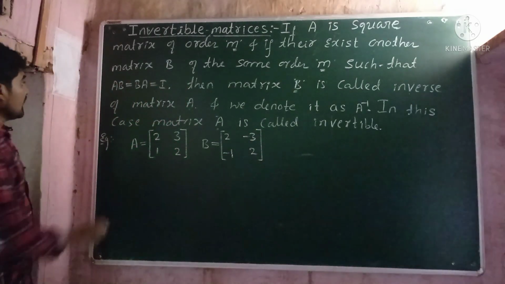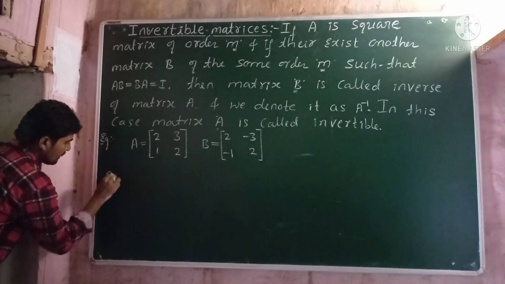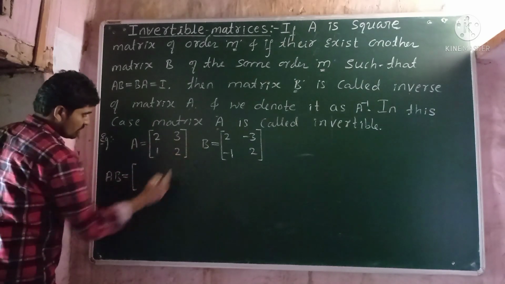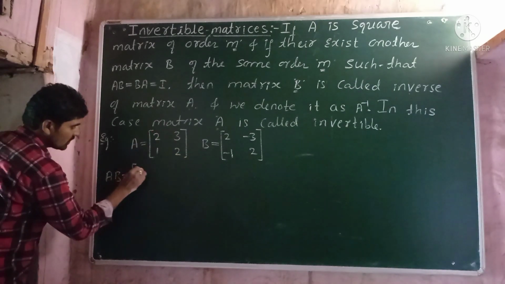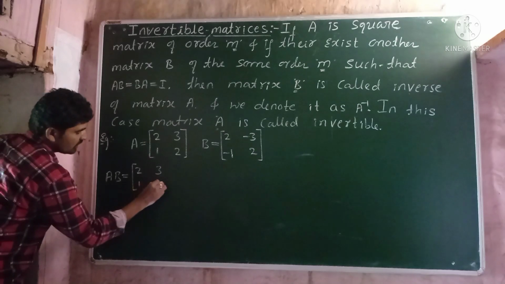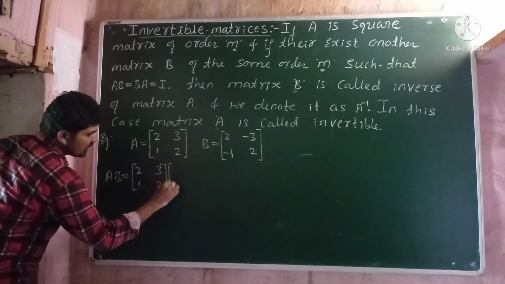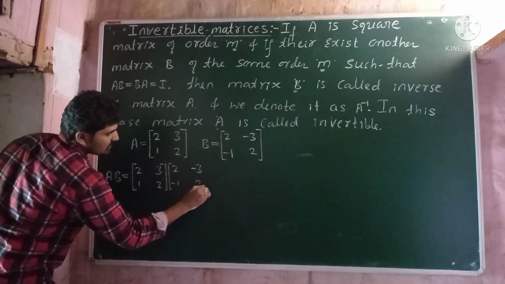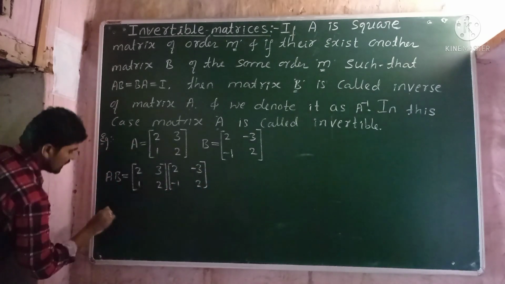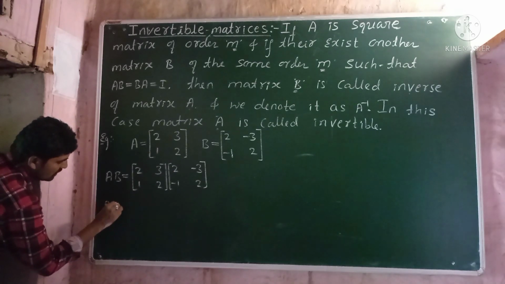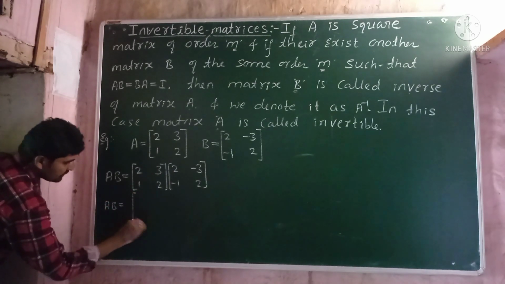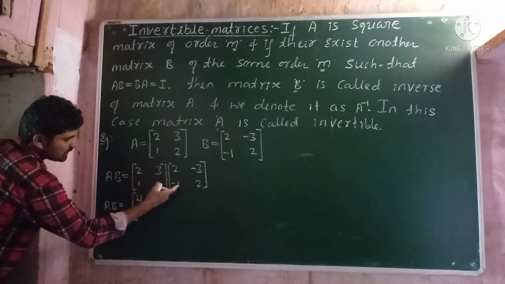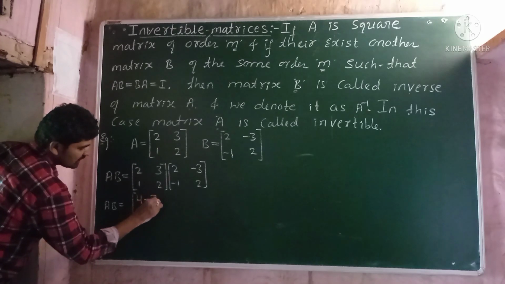So now the matrix AB is, we may write matrix A 2, 3, 1, 2 into B matrix 2, -3, -1, 2. Therefore, AB matrix is equals to first row, first column 2 into 2, 4, 3 into -1, -3.